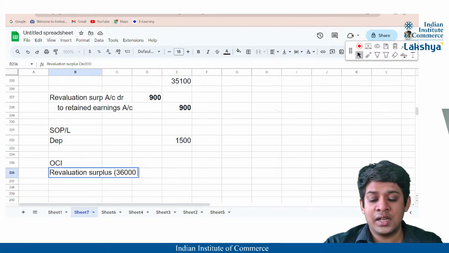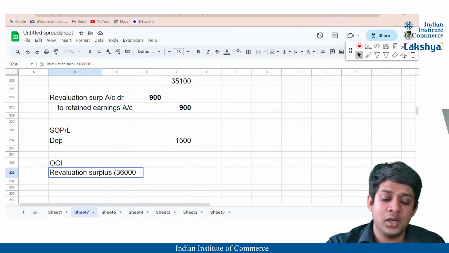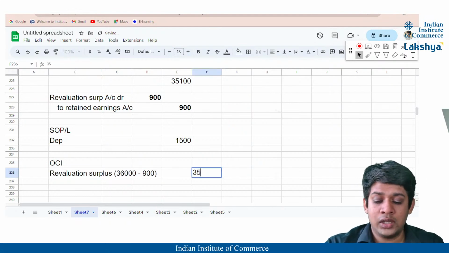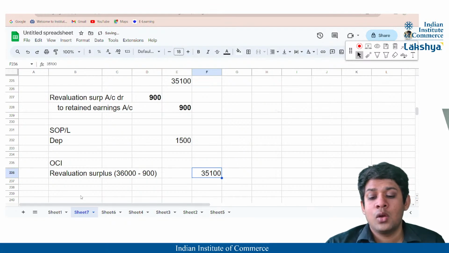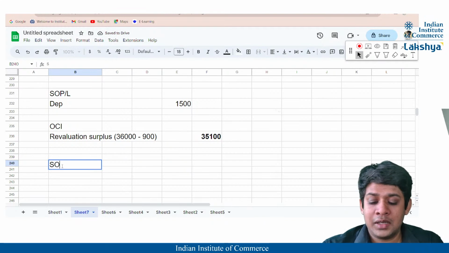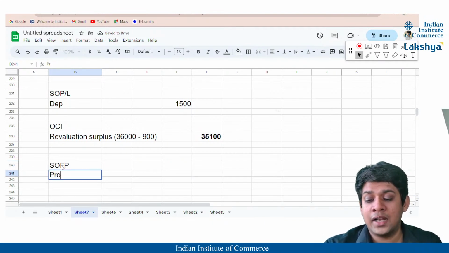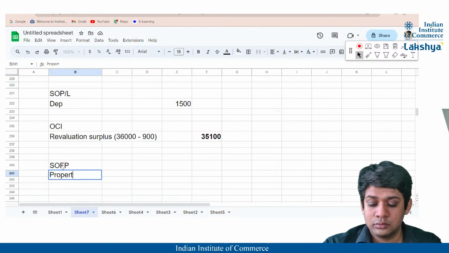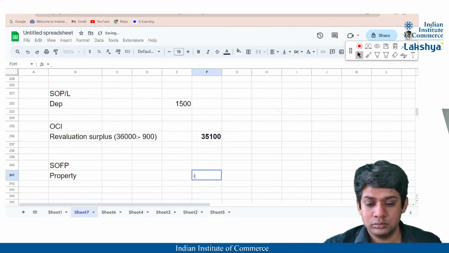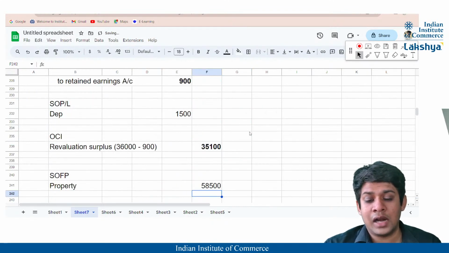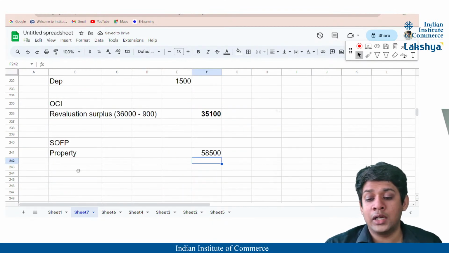36,000. But since it is the entity policy to make an annual transfer, I will remove the excess depreciation from this and state only 35,100. Okay. Then when I prepare the statement of financial position, my property, that is my complete land and building, will be stated at 58,500 at the year end, which we've already calculated.